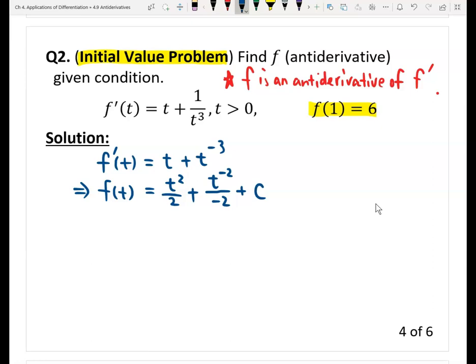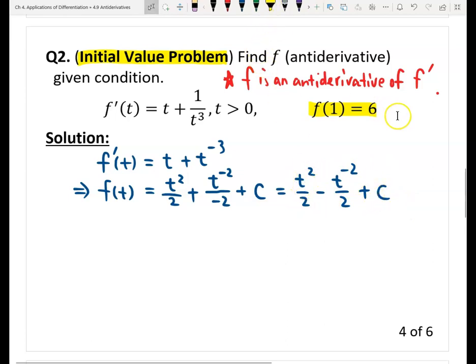Don't forget it. Let me write another version: minus t raised to the negative 2 power over 2, plus c. What do we get? We get the general antiderivatives, which covers all the antiderivatives.